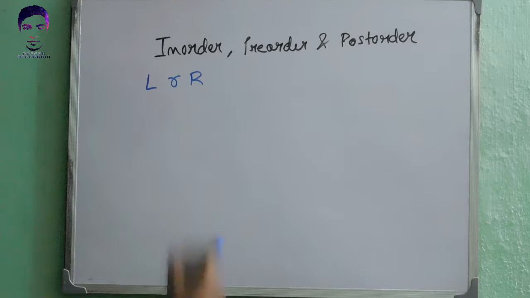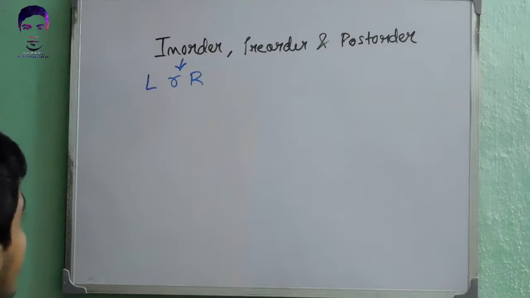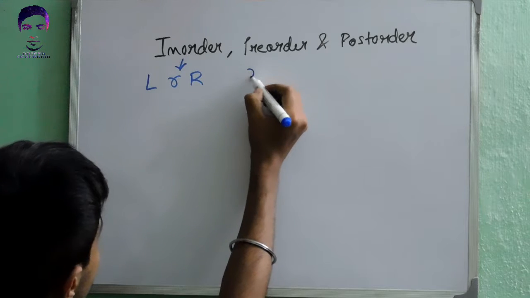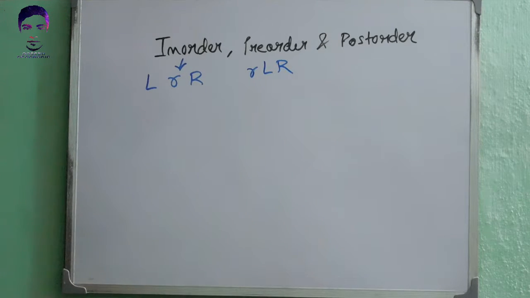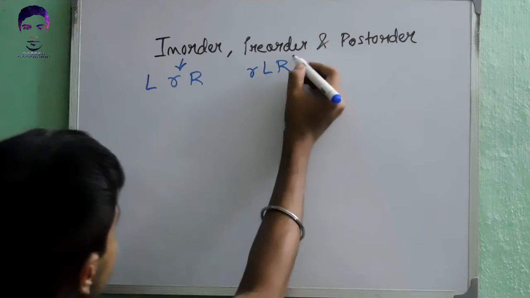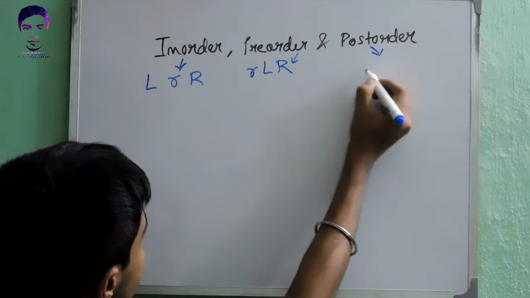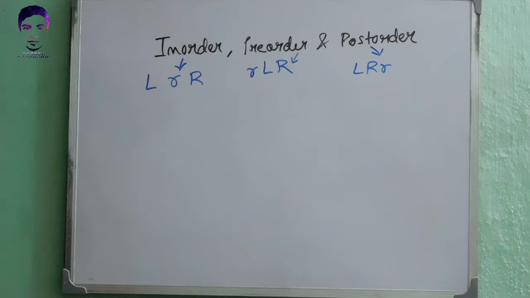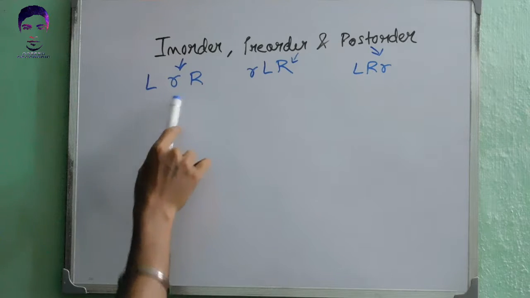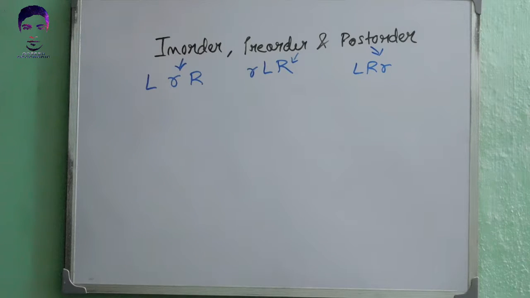So this is the rule for Inorder. Then for Preorder, we follow the rule root, left, right. And similarly for Postorder, it's left, right, root.